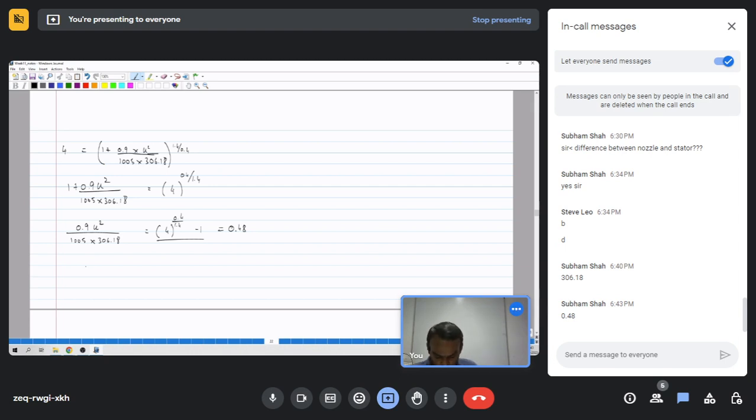Now u square is equal to 0.48 into 1005 into 306.18 divided by 0.9. U is square root of this value, 0.48 into 1005 into 306.18.